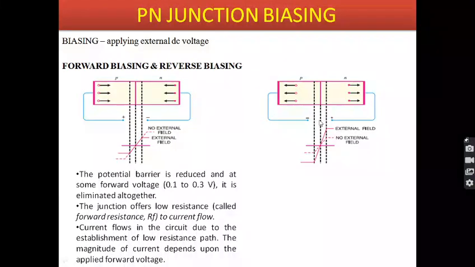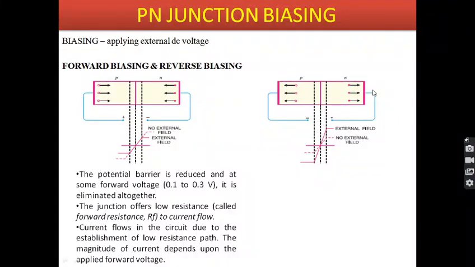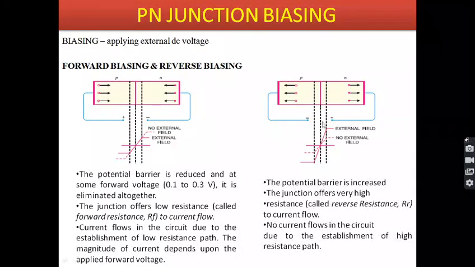in reverse biasing, the p-type material is connected to the negative terminal of the battery and the n-type material is connected to the positive terminal of the battery. Here the majority carriers, that is holes on the p side and electrons on the n side, get attracted away from the junction. As a result, the width of the depletion region gets widened.